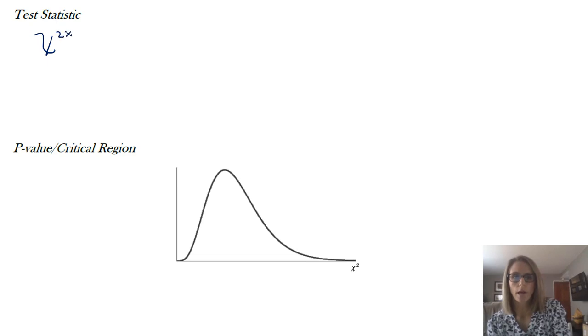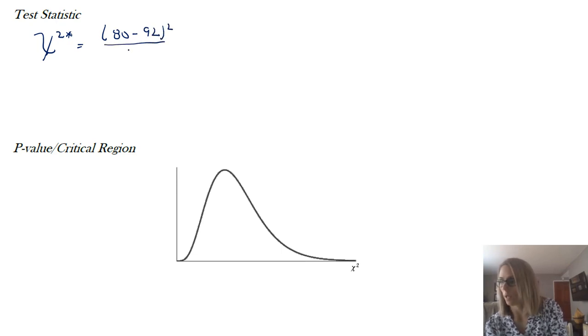So we put our chi-squared star here, and we write our test statistic. And from the previous pages, our test statistic is always going to be your observed minus your expected, squared, divided by the expected. So it's going to look like that.